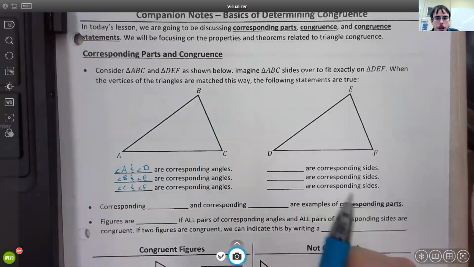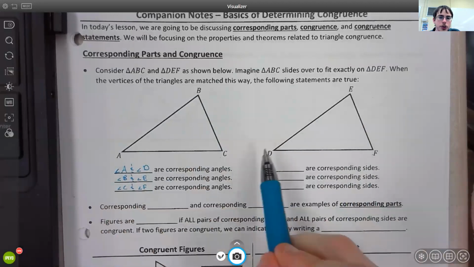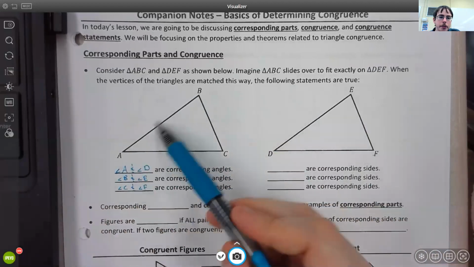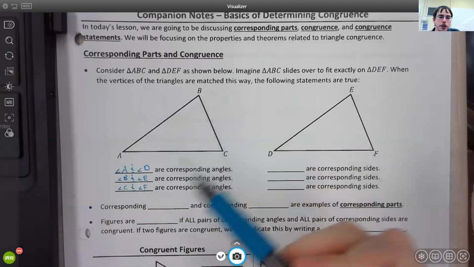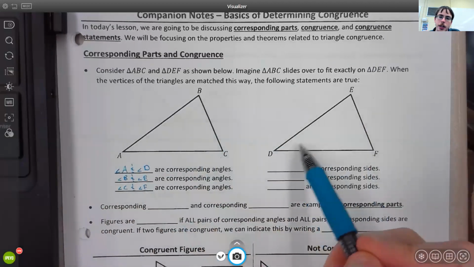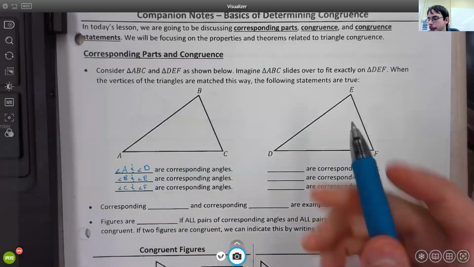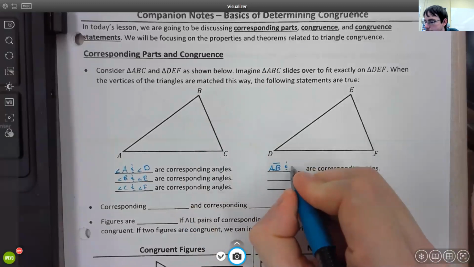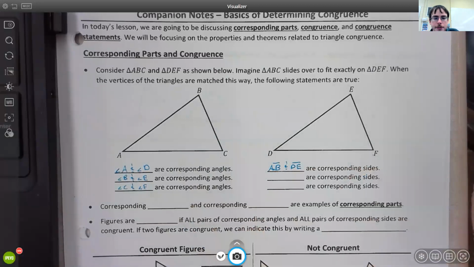But we can also do this for the sides, right? Now remember, to name a side, you have to use 2 points, right? So for instance, AB, what side corresponds to AB? Well, if we look here in this document here, we see that DE would correspond to AB. So line segment AB and DE are corresponding sides.